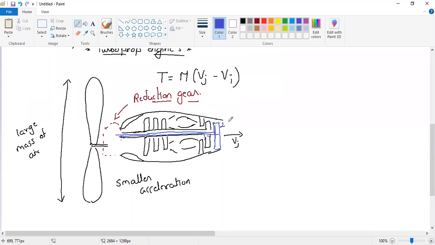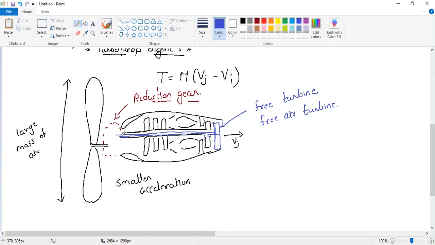Such a turbine is called the free turbine. Technically the correct term for the DGCA is free air turbine, but both are acceptable. Free air turbine means it is not in any mechanical connection with the compressor.